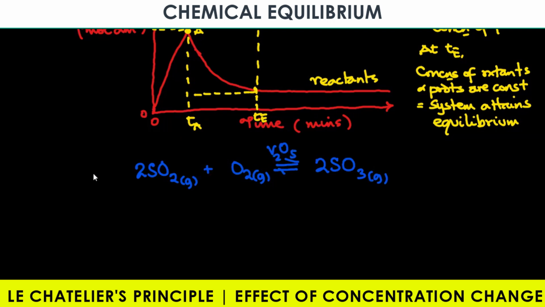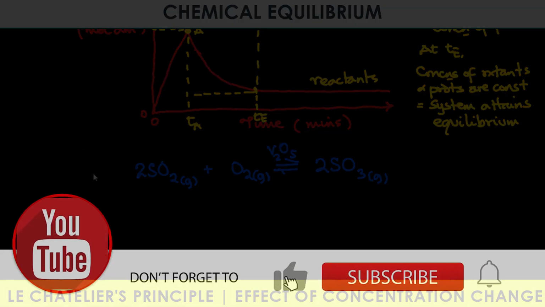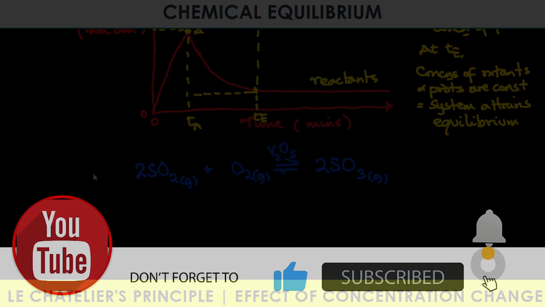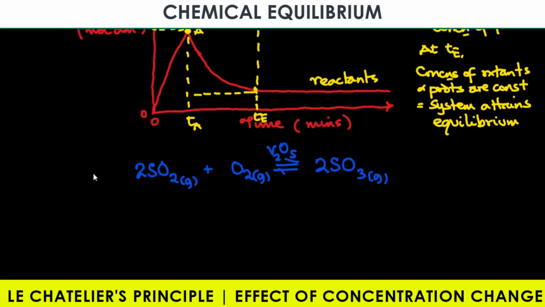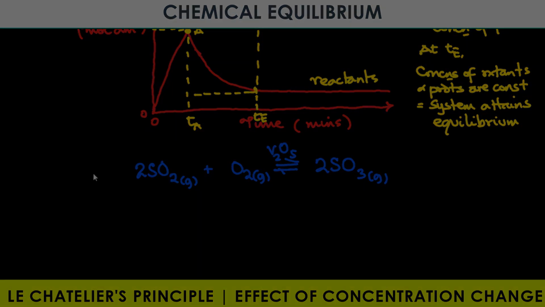Increasing the concentration of either the sulfur 4 oxide or oxygen gas will increase the concentration of the sulfur 6 oxide, and vice versa. That is, decreasing the concentration of SO2 or O2, or both of them, will decrease the concentration of SO3. It's that simple. So next would be the effect of a catalyst on the equilibrium position.